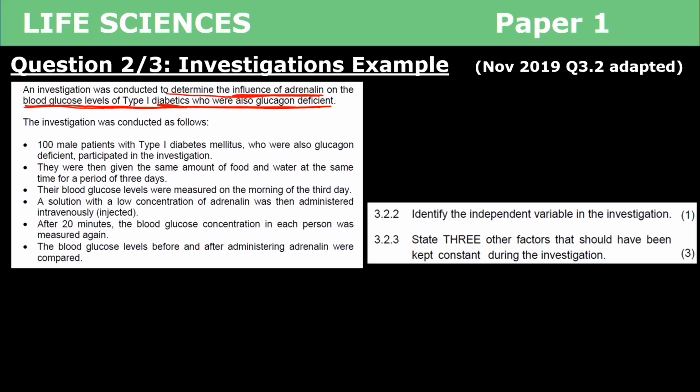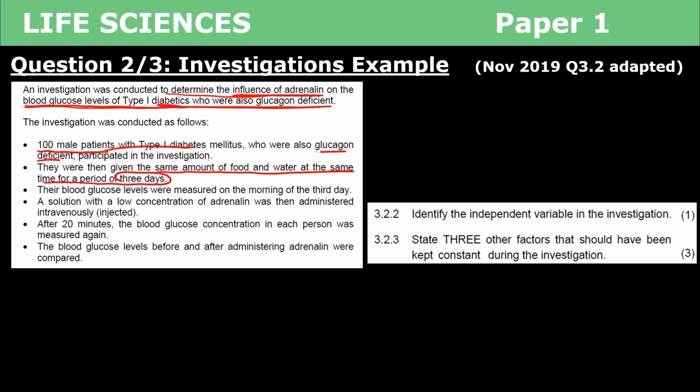Now they are giving us the steps. 100 males, let's just underline correctly there. 100 male patients with type 1 diabetes mellitus who were also glucagon deficient participated in this investigation. They were then given the same amount of food and water at the same time for a period of 3 days.